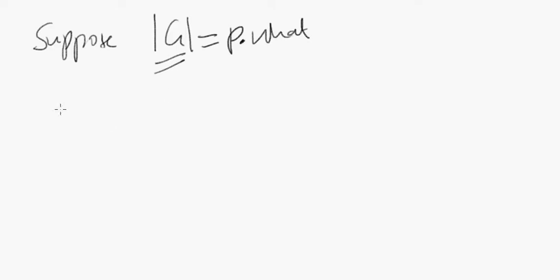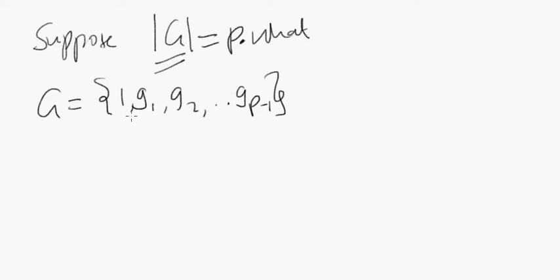So we repeat that. Suppose we found that the order of a group is P, some prime P. What does that tell us about the group G? For instance, how can we write the elements of G? Are we allowed to write the elements of G as 1, g1, g2, all the way up to g_{P-1}?